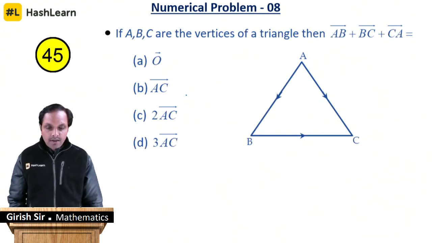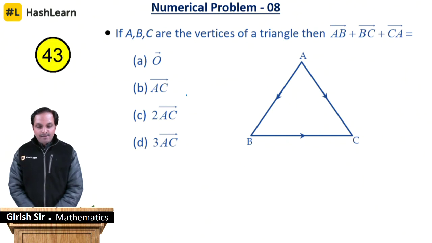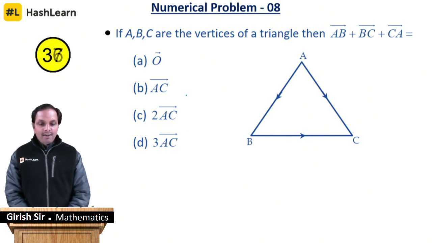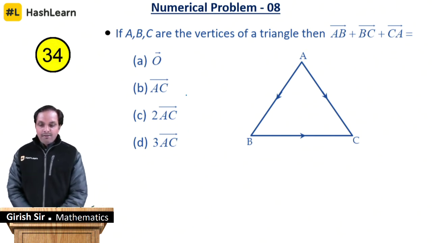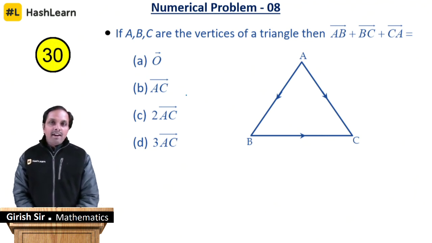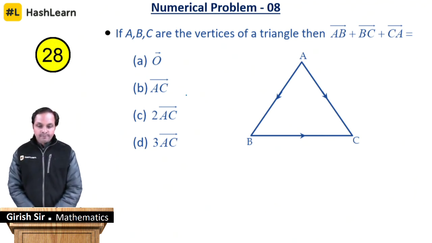Okay. So what is this? In the starting I had told you what exactly a triangle can give you. A, B and C are the vertices.